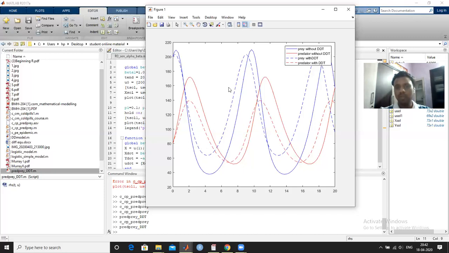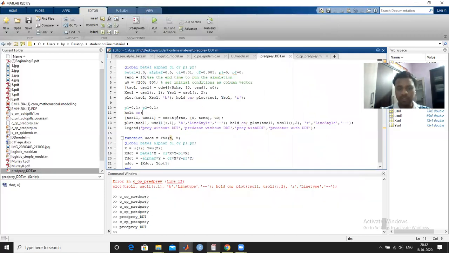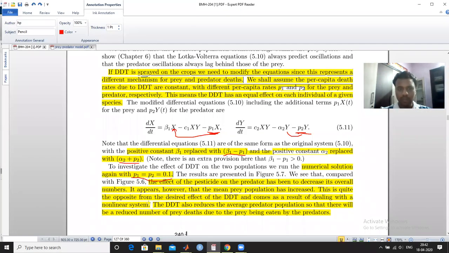That's clear. So what will be the effect of the DDT? The effect of the pesticide on the predator has been to decrease its overall numbers, which means the population of predator has decreased, however the mean prey population has increased.